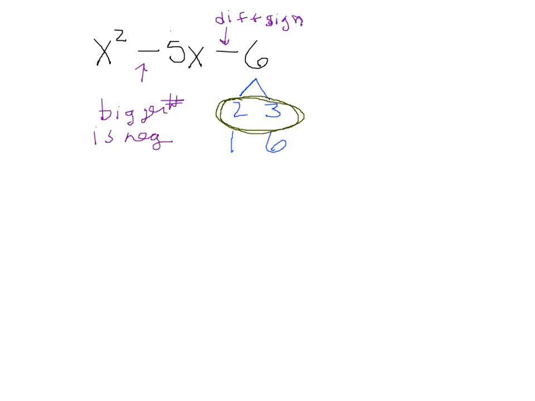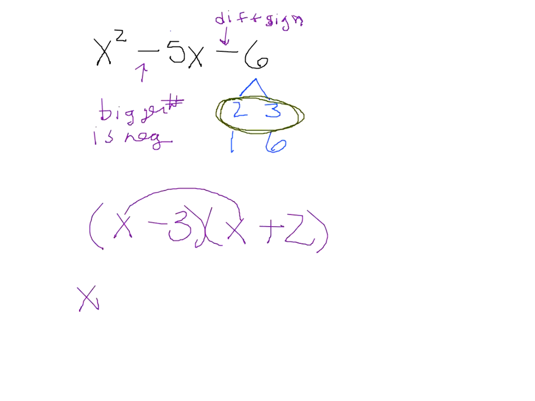So let's pick this one, even though it's not the right one. And let's see what happens if we're not paying attention and we say, well, 2 times 3 gives me 6 and 2 plus 3 is 5. It's that one. So let's see what happens. So I take x minus 3. The bigger one's supposed to be positive or negative, and x plus 2.